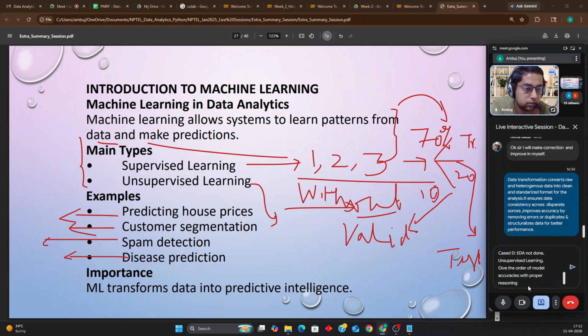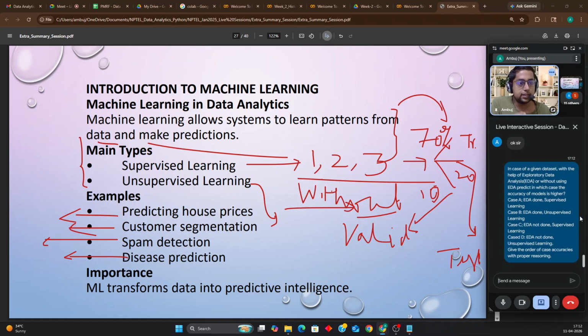At the end, I will discuss. Write it down completely. Give the order of case accuracies, not model, case accuracies. In which case, what shall be the order? Give the order of case accuracies along with proper reasoning. Why do you feel that particular order will be like this? Write on one side, and at the end, we will discuss.